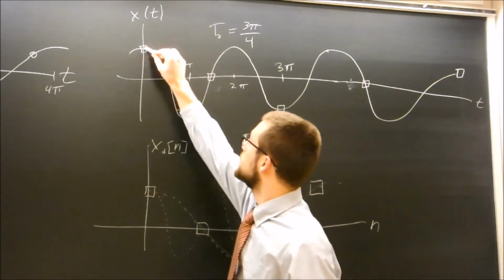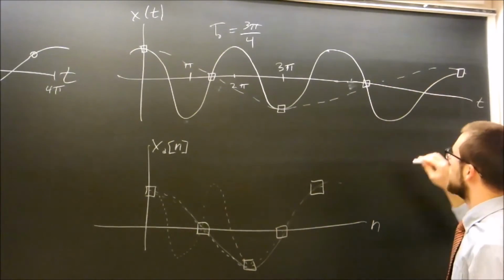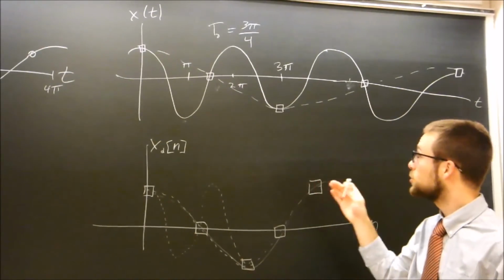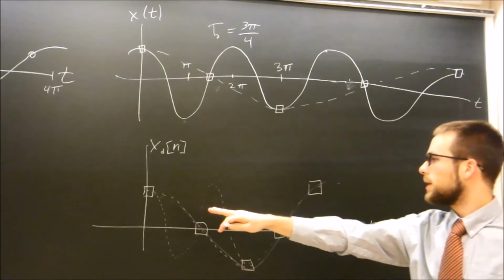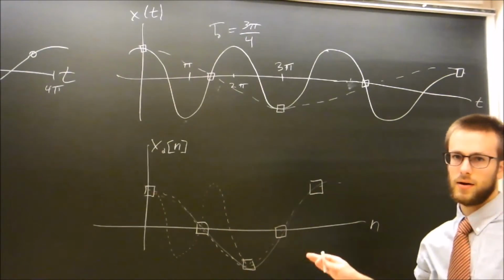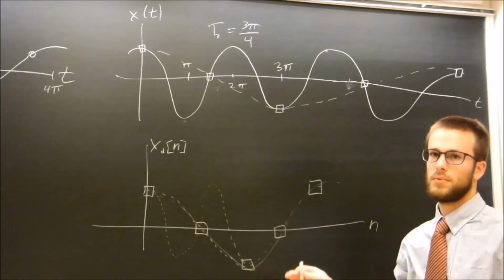You can also see what we would pick up if we draw it here. That is, in short, aliasing, where we pick up a signal that's not actually there because we used too low of a sampling frequency.